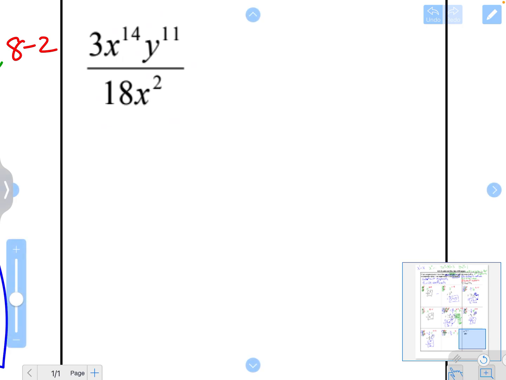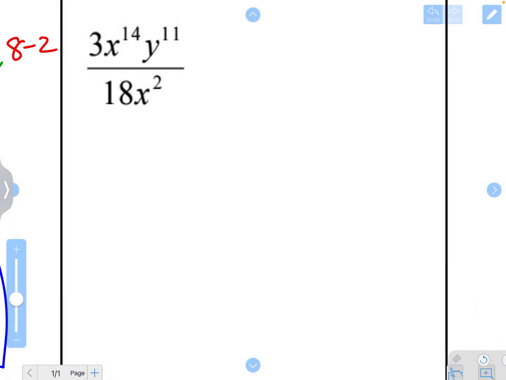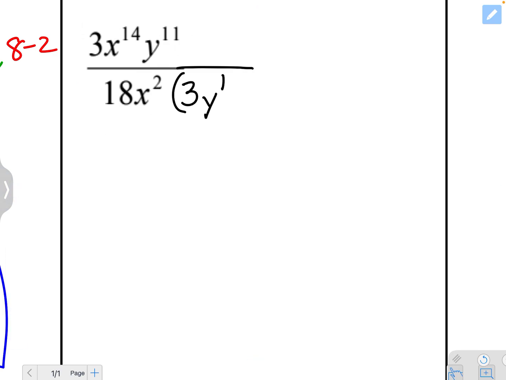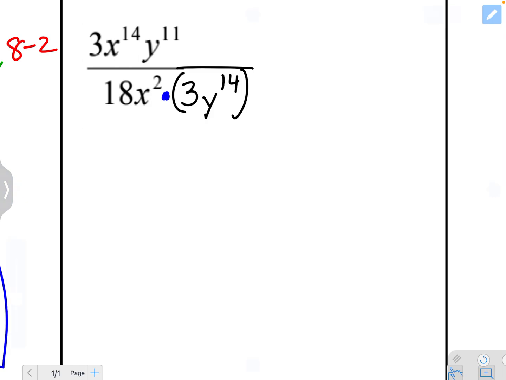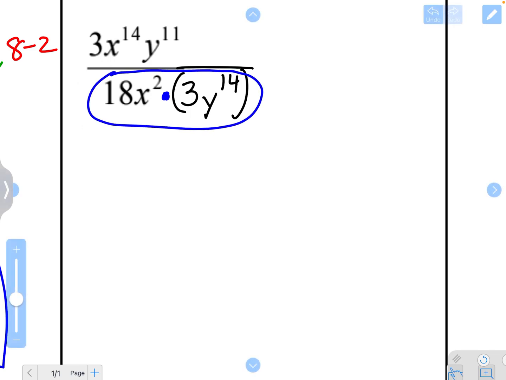All right, so I'm going to add one little piece to this problem to make it a little bit more like the practice problems that we're going to do. I'm going to change it to 3y to the 14th. If I have a problem like this, where I have a multiplication problem in either the bottom or the top, I have to do the multiplying first.